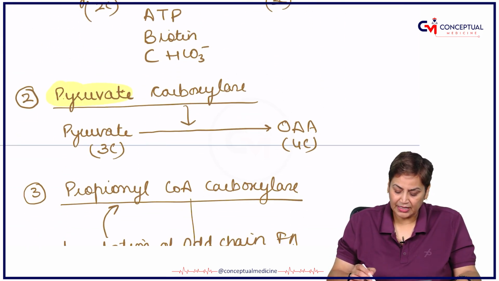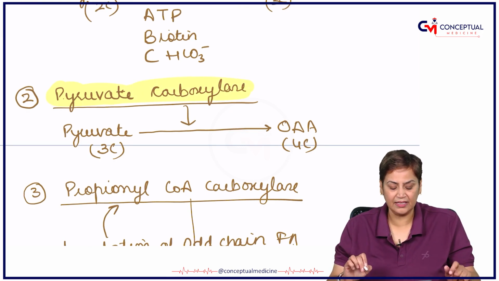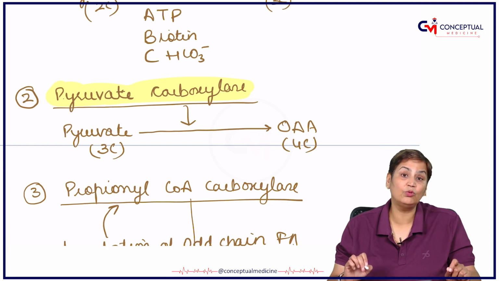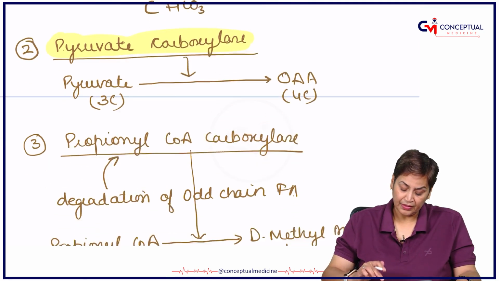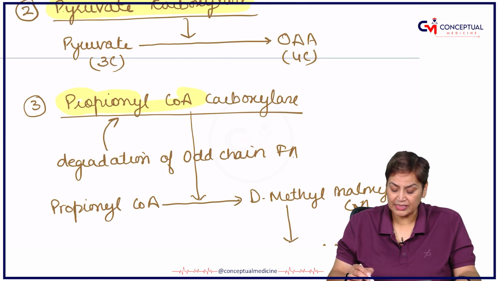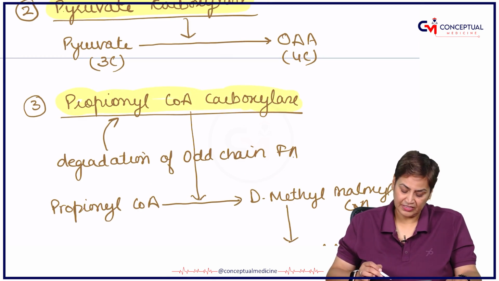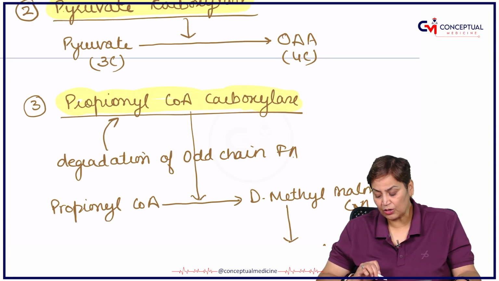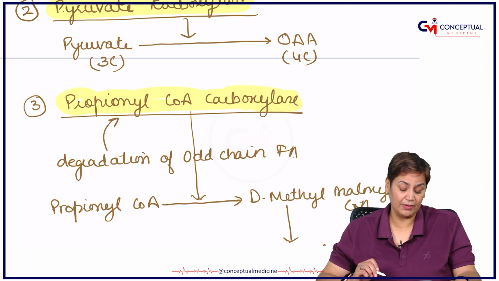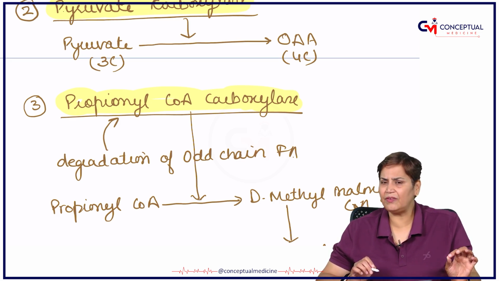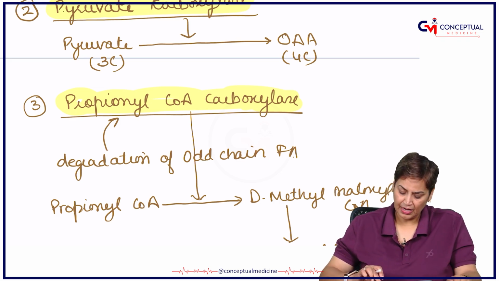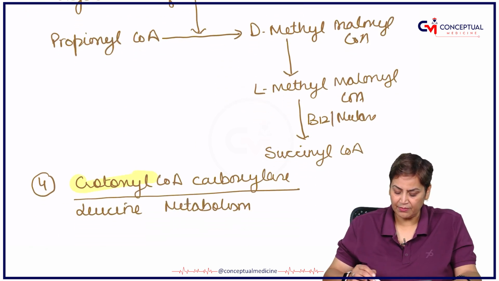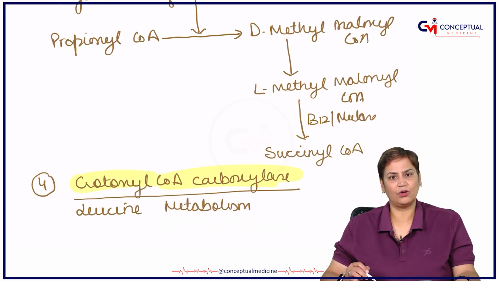Second is pyruvate carboxylase, which converts pyruvate to oxaloacetic acid, and this is a very important enzyme of gluconeogenesis. Then comes propionyl coenzyme A carboxylase, which is required to convert propionyl coenzyme A to methylmalonyl-CoA. This reaction also plays a very important role. And then comes crotonyl coenzyme A carboxylase, which is required for the metabolism of leucine.